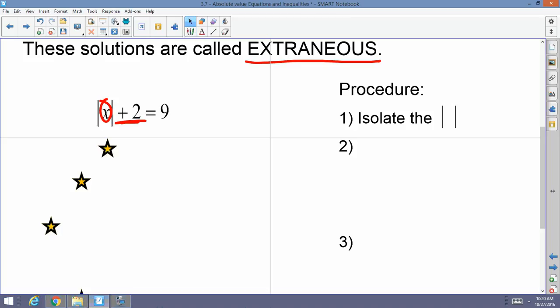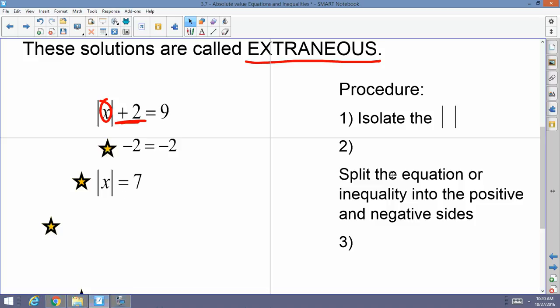So in this particular case, it's very simple. I only have a positive 2 being added to the absolute value. So I'm going to go ahead and subtract 2 from both sides to give me now the absolute value of x equals 7. Now once we've done that, you're going to split the equation or inequality into the positive and negative sides, okay? Remember what we talked about.